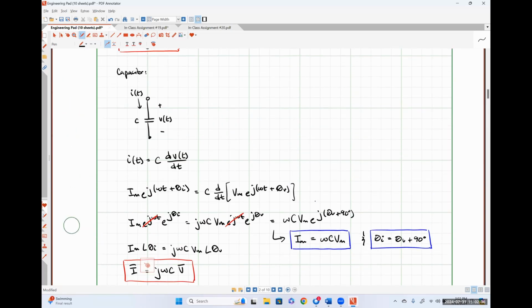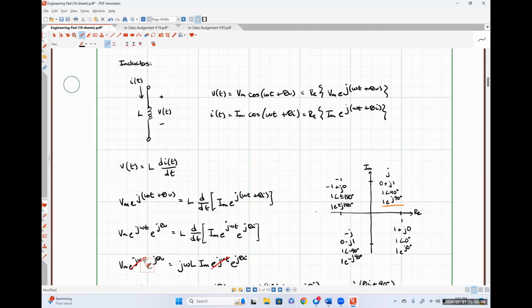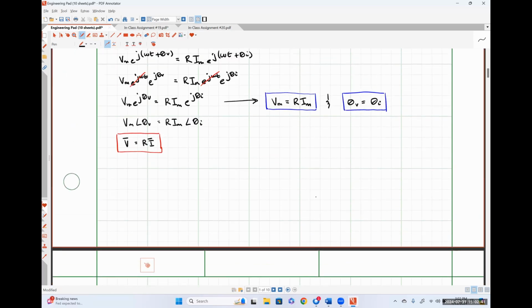So let me just scroll up here so I can make it super obvious what I'm expecting you to do. We have this equation that I boxed in red. If I were to divide both sides of this equation by my phasor current, I would have voltage phasor divided by current phasor is equal to what?